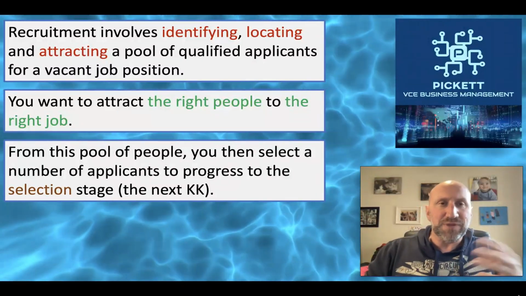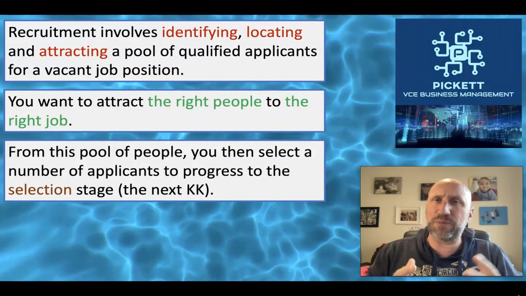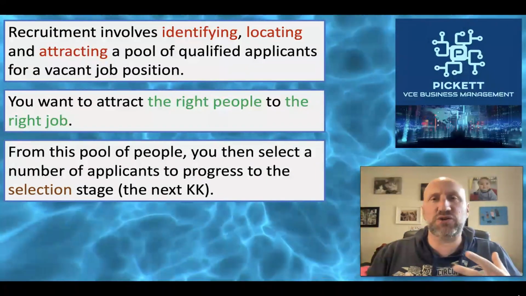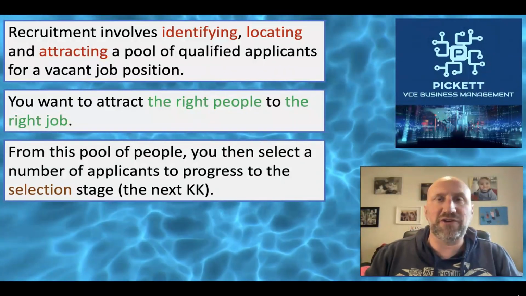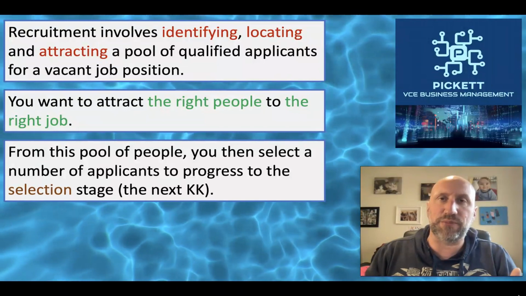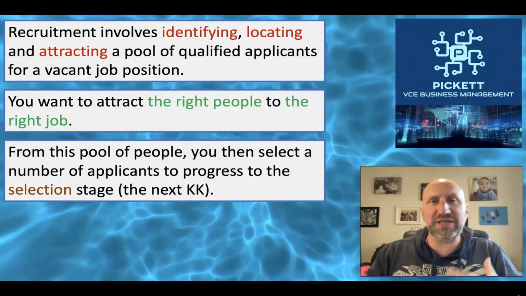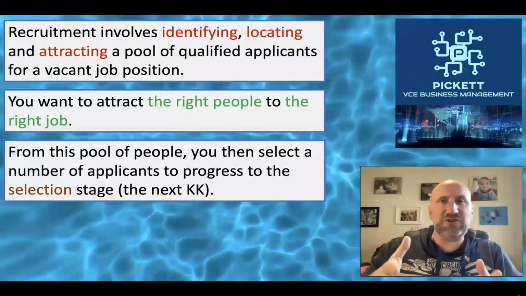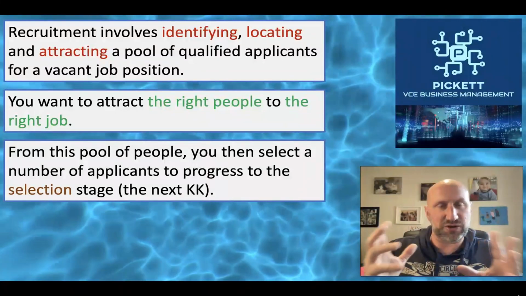So as far as recruitment is concerned, for our purposes here, we're defining it slightly differently to what we would use in real life. If we talked about a recruitment process in real life, we'd probably talk about getting CVs, interviewing candidates, that kind of thing. But that interviewing part actually sits in the selection stage as far as we're concerned on this course.